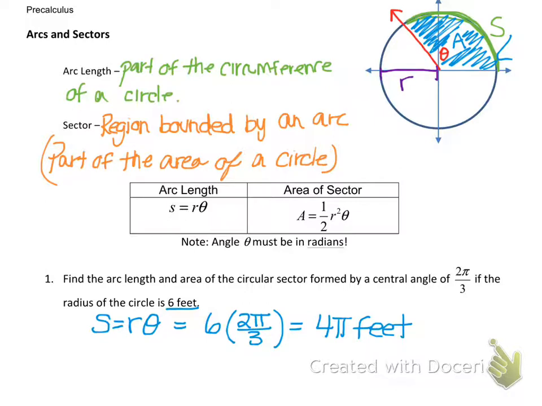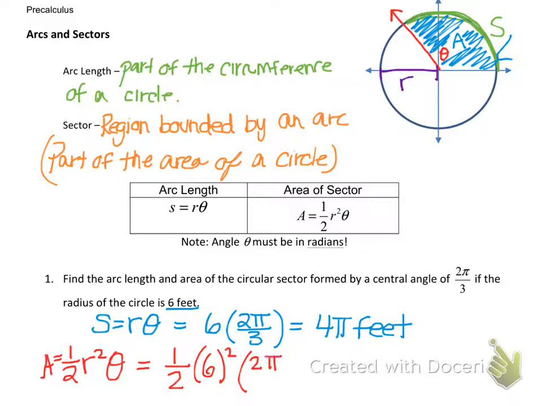Now for the area, that is 1/2 r squared times theta. So we have 1/2 times 6 squared, and then our theta is 2 pi over 3.